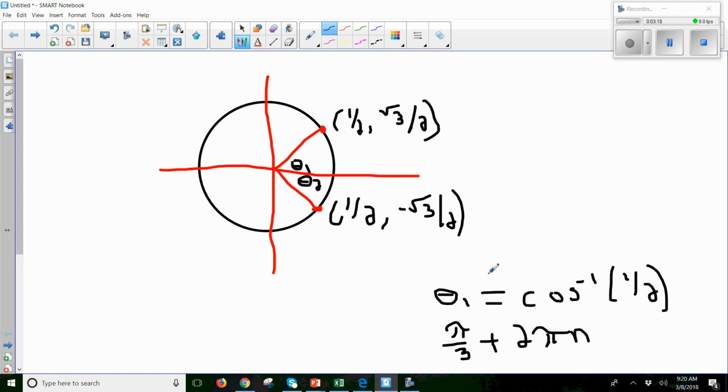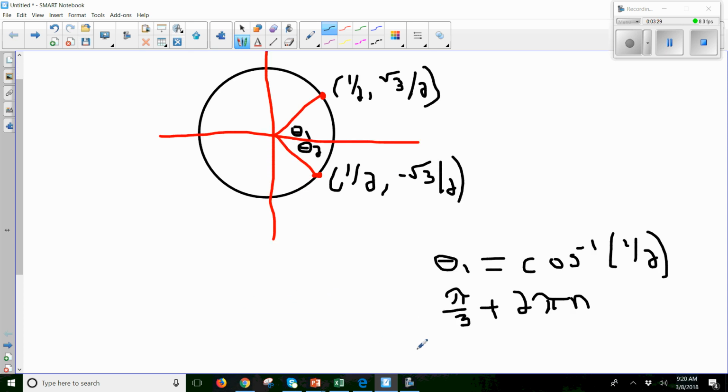The other angle, theta 2, is going to be 5 pi over 3. So we'll have theta 2 equal to 5 pi over 3.